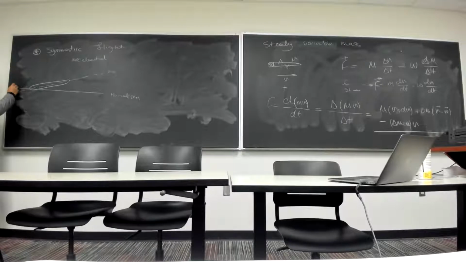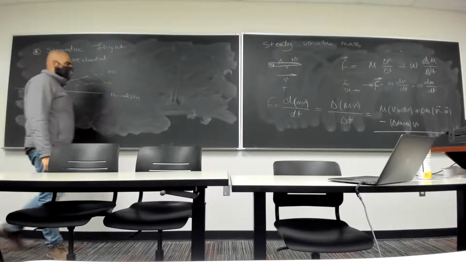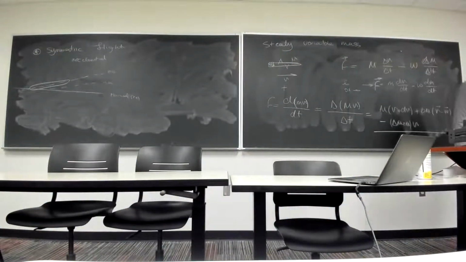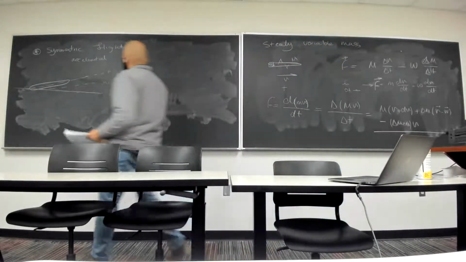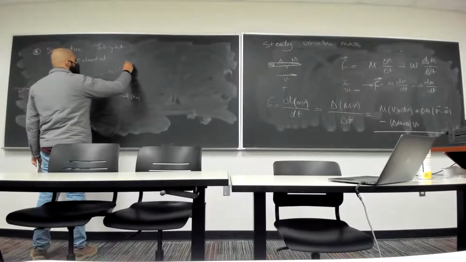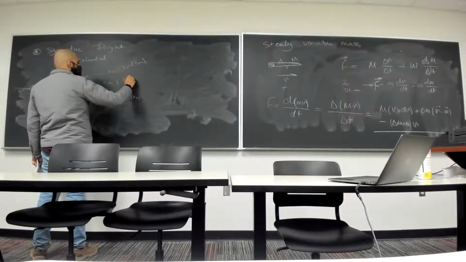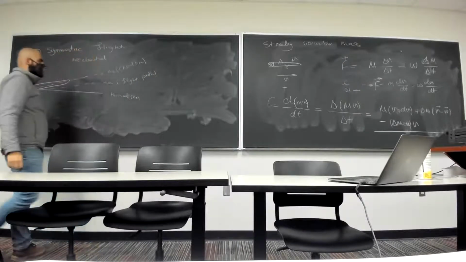Then you also have a flight path, x of a, and there's also a thrust vector that comes into play. We're going to call this the chord line, this the flight path, and this one is already the horizon.